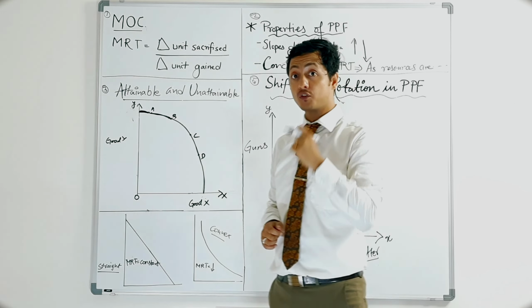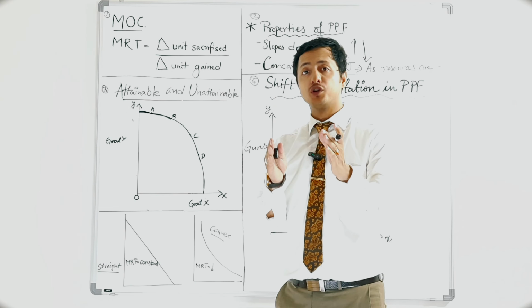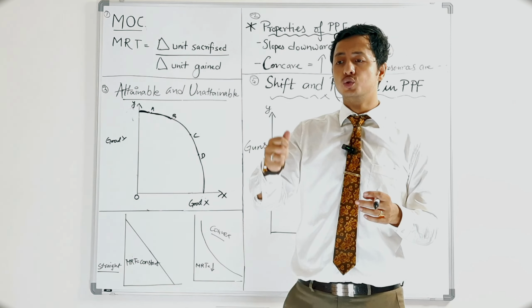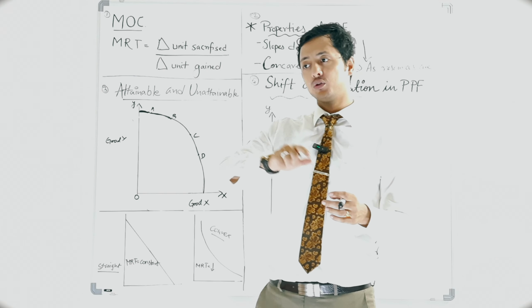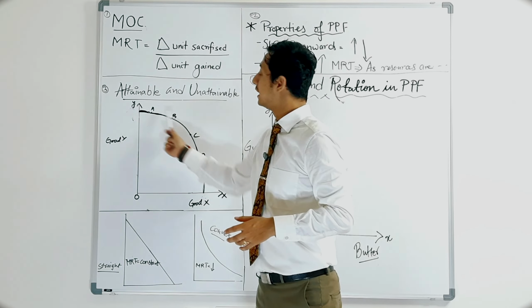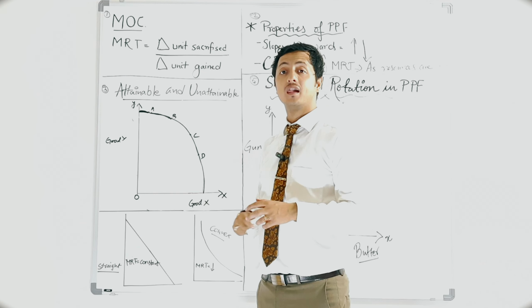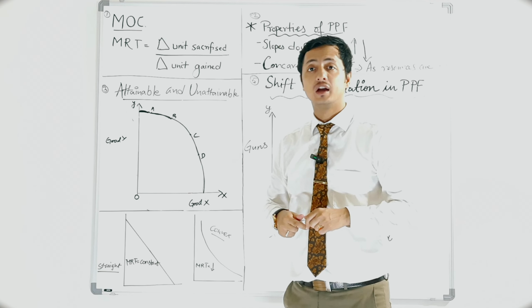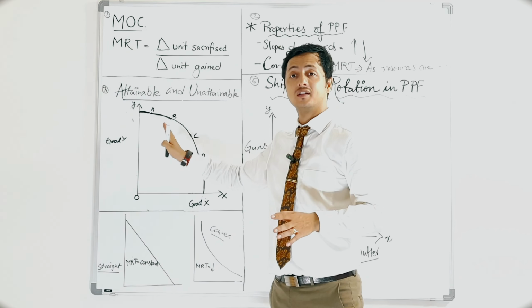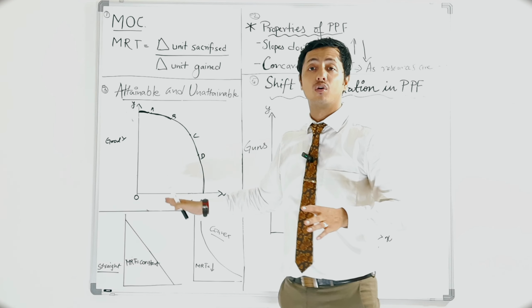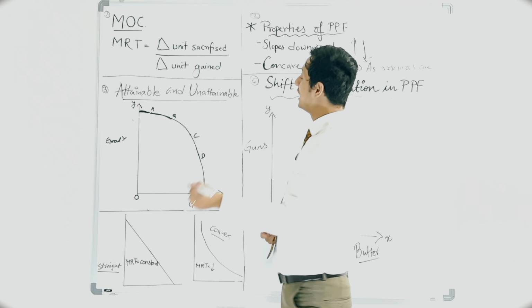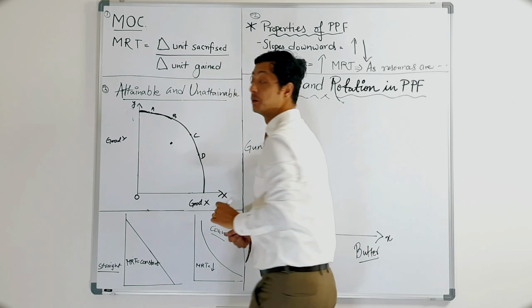If the resources are not fully utilized, an important question can come: does an economy always produce in the PPF line? No. If it does not use its resources efficiently, it will produce inside the PPF.